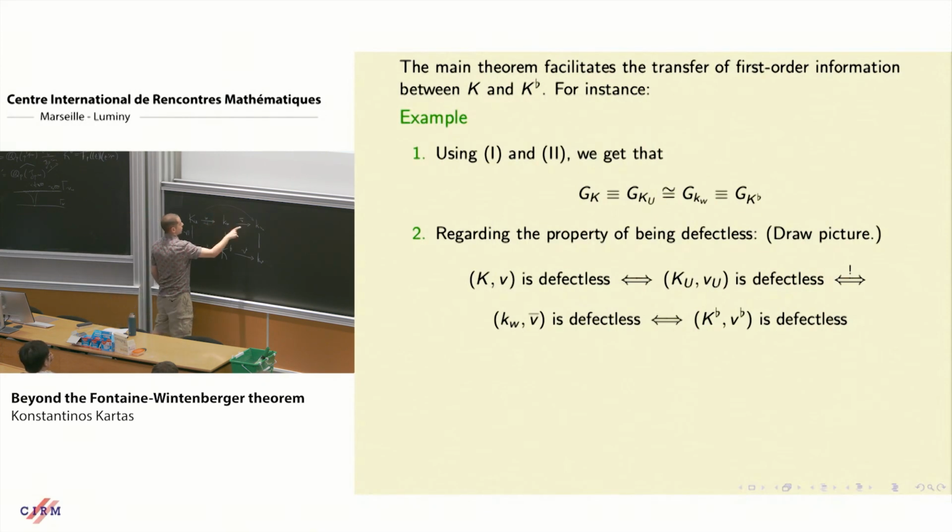So this is defectless if and only if, let me give this a name, so this is Vu, this is defectless. But this is an elementary extension of V flat. So this is if and only if K flat, V flat is defectless. So one can transfer the property of being defectlessness from K to K flat and vice versa.